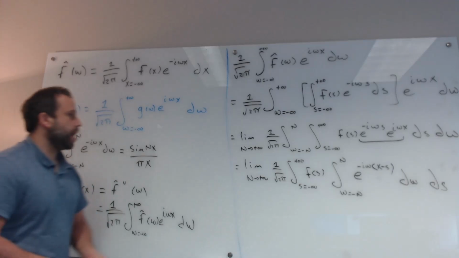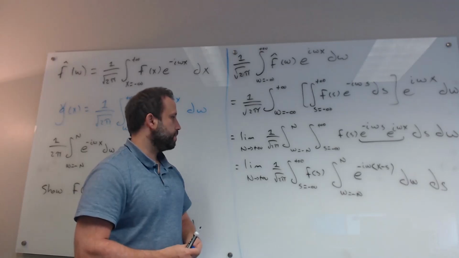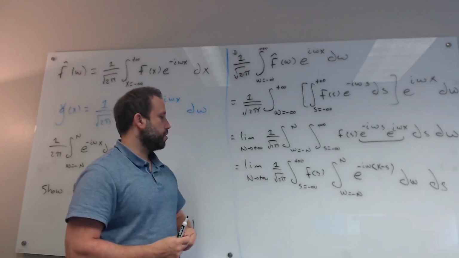So what I have now is the limit as n goes to infinity, 1 over the square root of 2 pi.